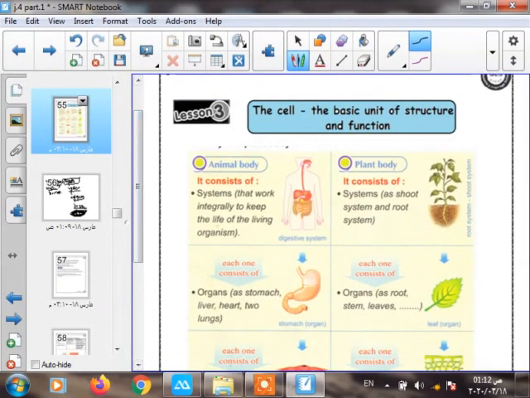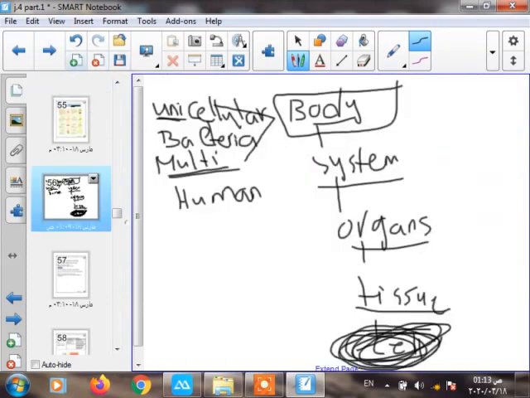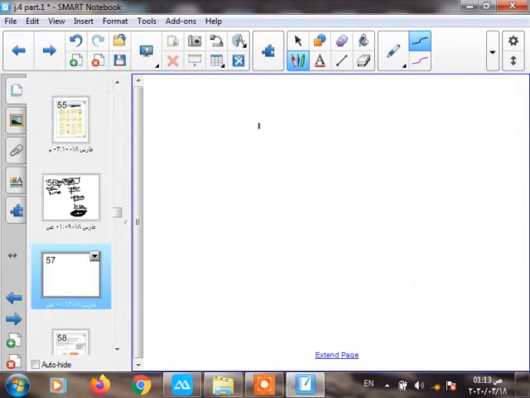The cell is the basic unit of any body, its structure and its function. It is the smallest unit, the building unit. Multicellular living organisms have more than one cell, as animal and plant.